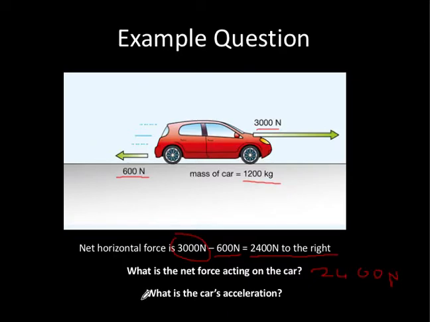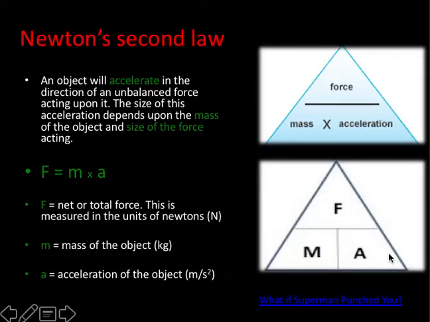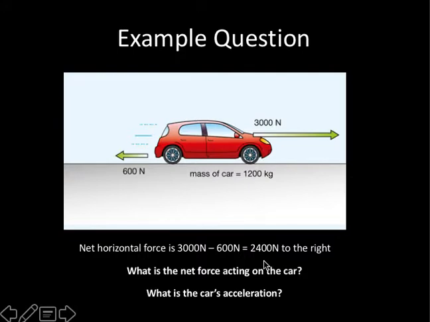From here we can calculate what is the car's acceleration. If I come back to this slide here, in order to calculate acceleration, you would go force divided by mass. So my force is 2,400 and my mass is 1,200.